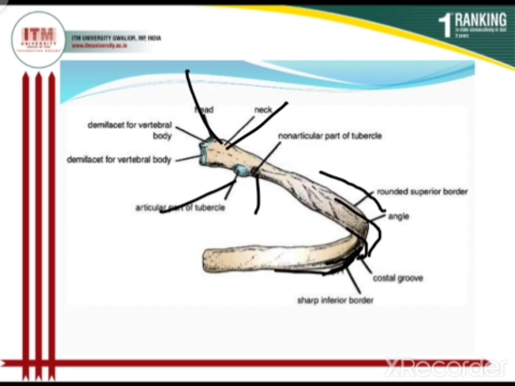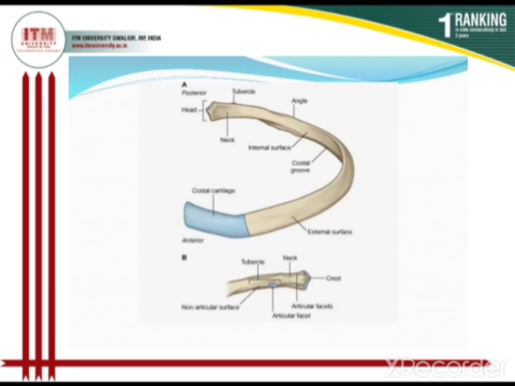And the demifacet of the vertebral body here, so the rib is attached to the two vertebral bodies, upper and lower. One rib is attached to two vertebral bodies. Next you can see the posterior view: head, tubercle, angle.